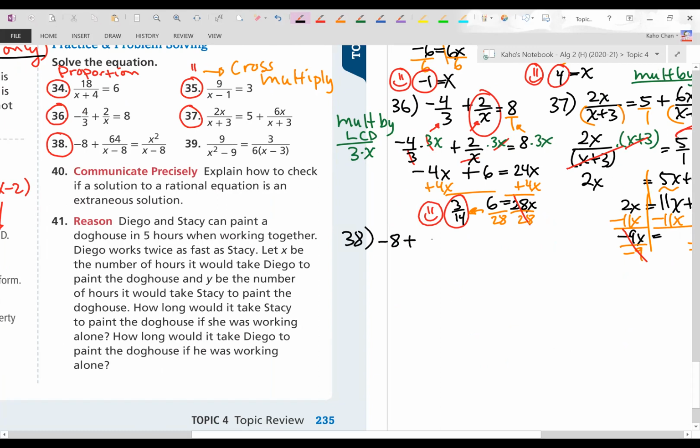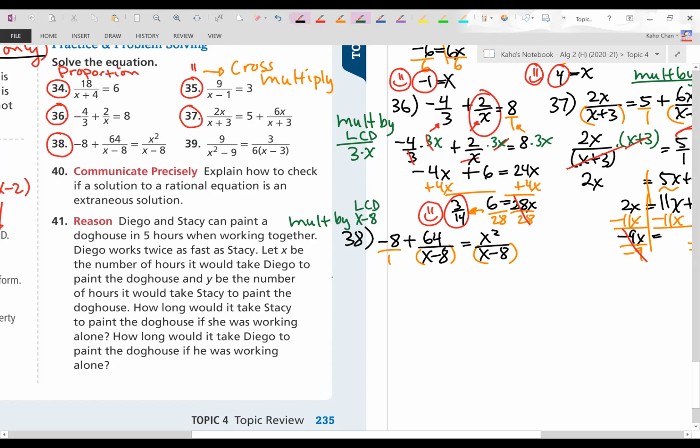Negative 8 plus 64 over x minus 8 equals x squared over x minus 8. LCD, it looks like x minus 8, right? Multiply by the x minus 8. That's the LCD.